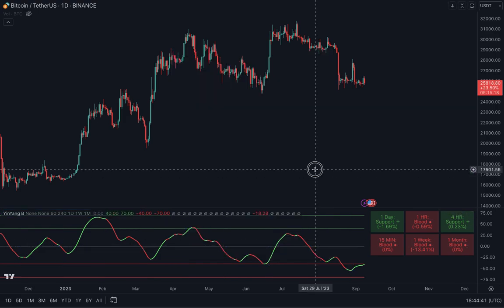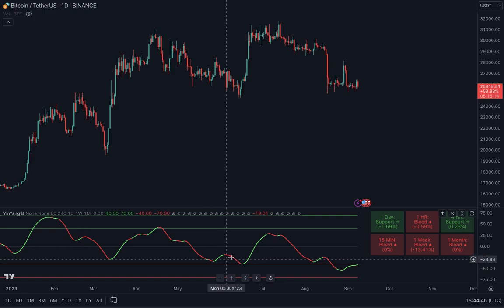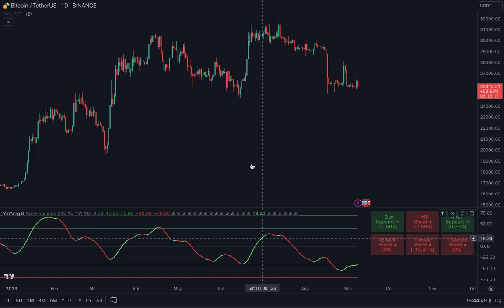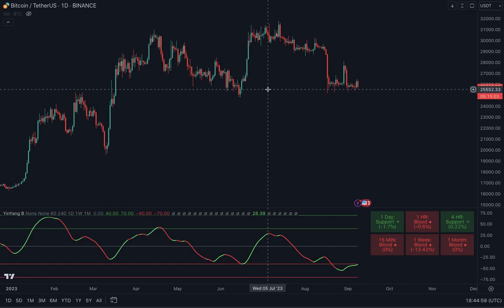So first off, let's discuss this trend line here. It goes from the predictive to the confirmed, and that's how it's evaluated, with green being predictive support, to red being predictive blood diamond.